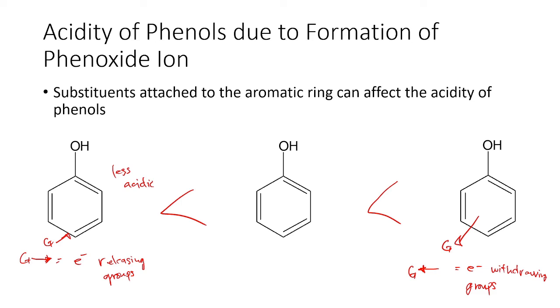And due to that, mas mare-retain yung ating negative charge or mas mare-retain yung pagiging phenoxide ion ng ating phenol, therefore making this more acidic than our phenol. Okay? So in that is the effect of addition or the effects of substituents that is attached to our aromatic ring that can affect the acidity of our phenols.